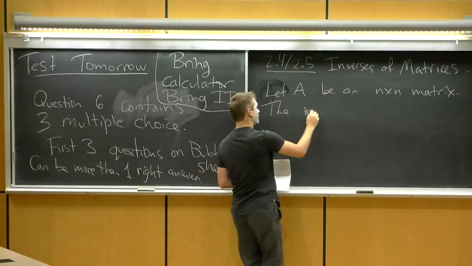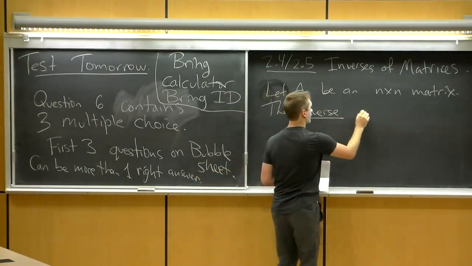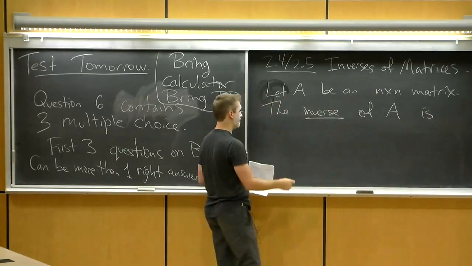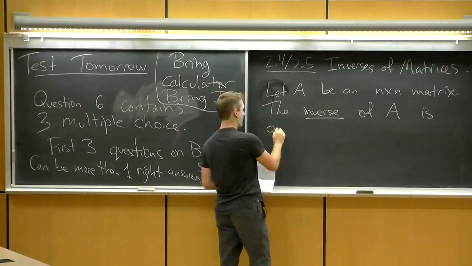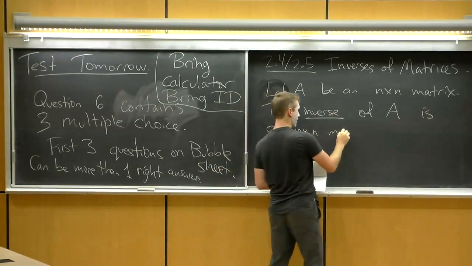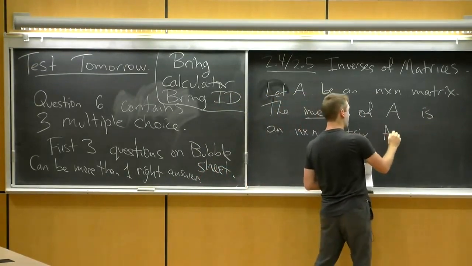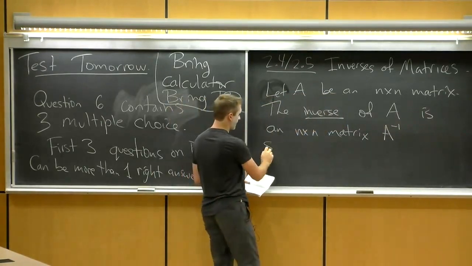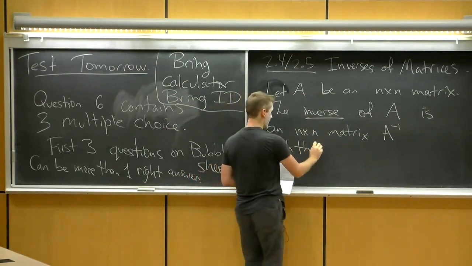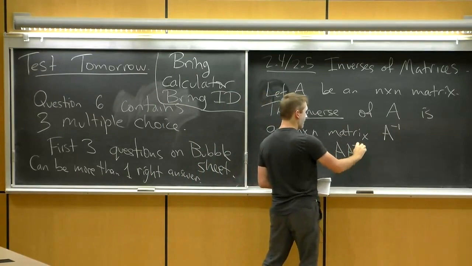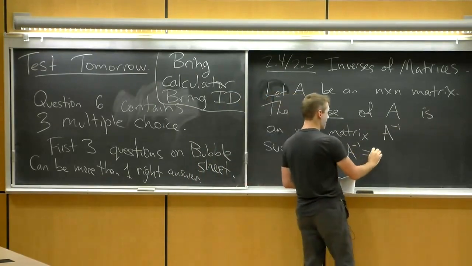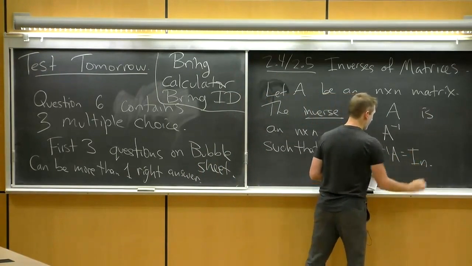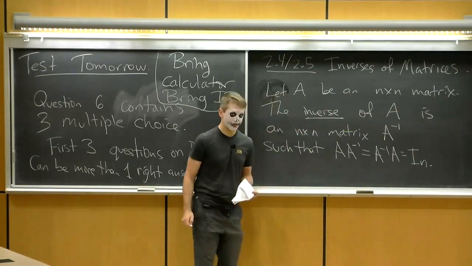The inverse of A is an n by n matrix, which we write A to the minus 1, such that A times A inverse is equal to A inverse times A, which is equal to the n by n identity matrix.